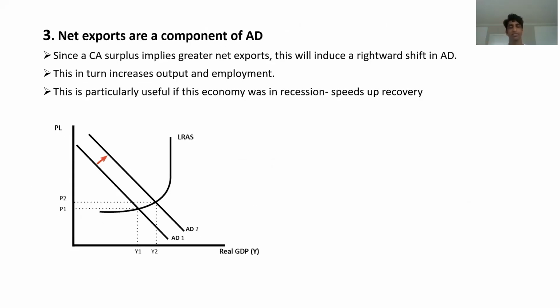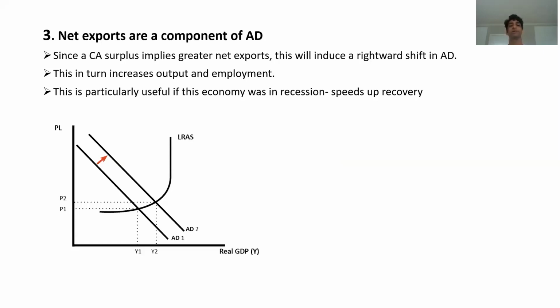Thirdly, there's actually a much simpler point that you cover in your first year of macro as well, and that is that net exports is a component of aggregate demand. A high current account surplus implies that your net exports are very high, and that will induce a rightward shift in the aggregate demand curve. And as you can see by the diagram below, the real GDP goes up and we're closer to full employment.